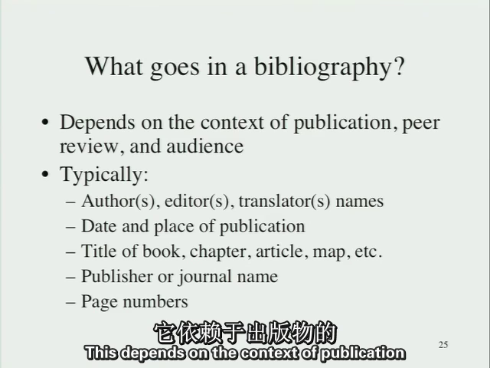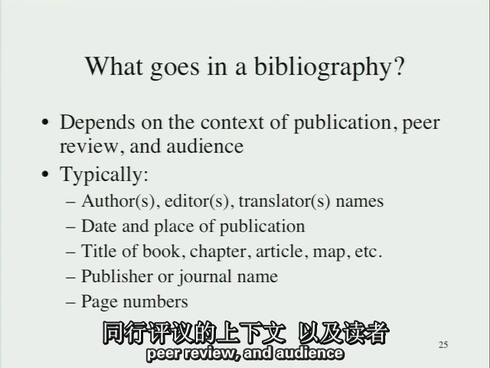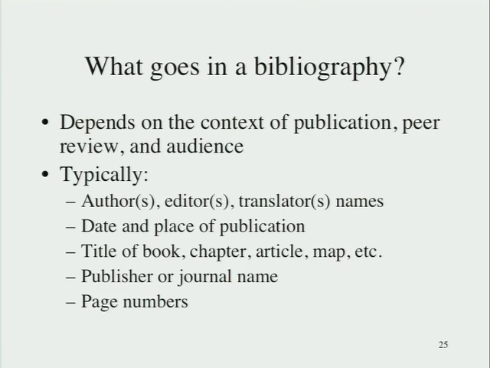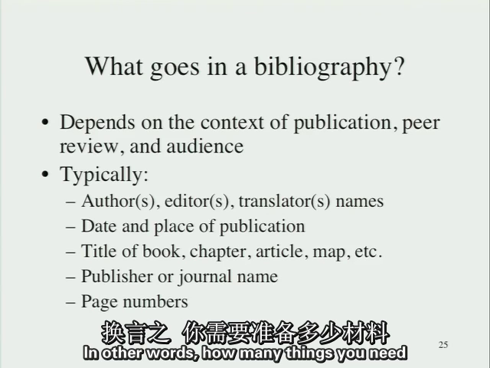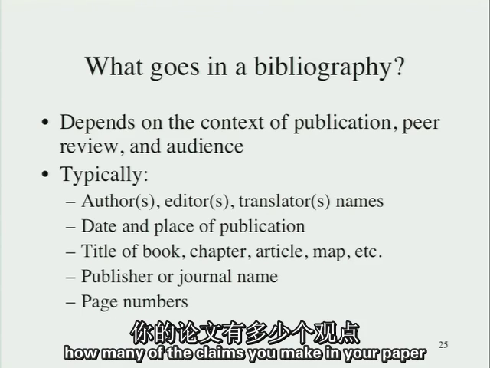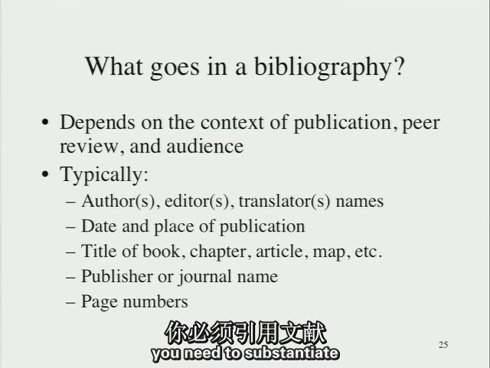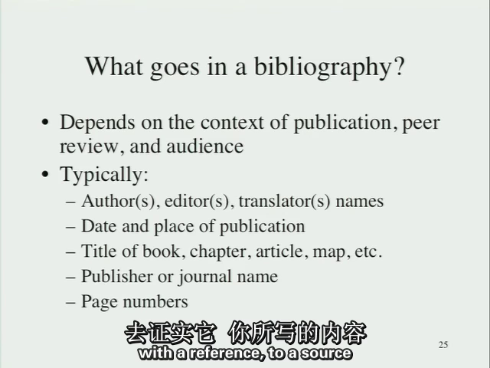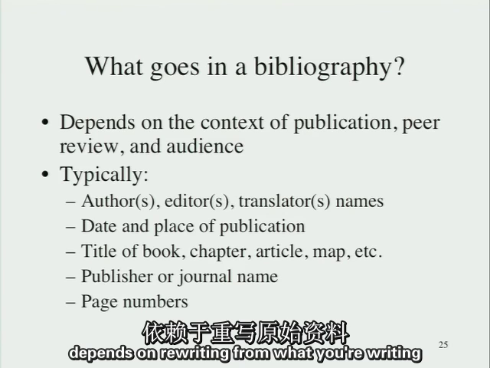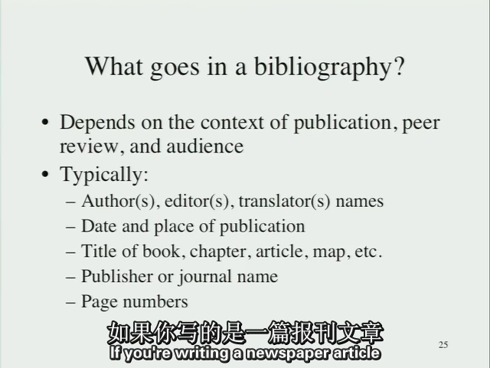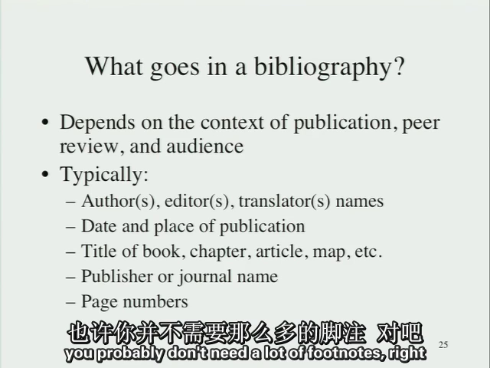This depends on the context of publication, peer review, and audience. In other words, how many of the claims you make in your paper you need to substantiate with a reference to a source depends on who you're writing for and what you're writing. If you're writing a newspaper article, you probably don't need a lot of footnotes, right?